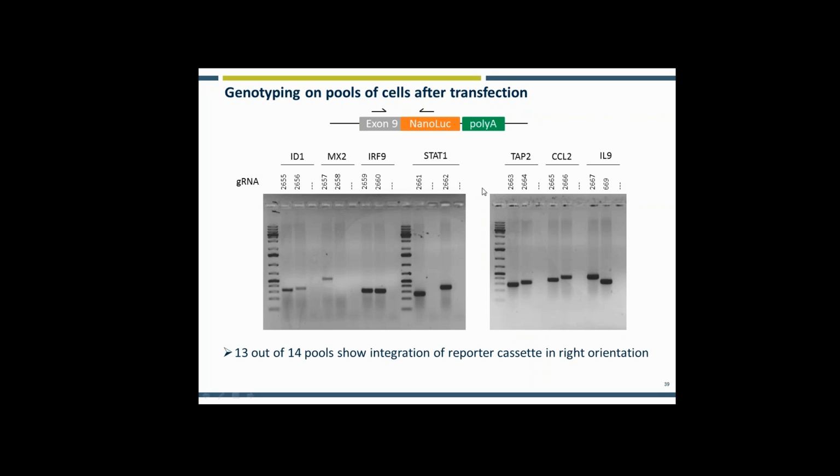So what we're looking at here is evidence of the tag being incorporated in the correct orientation into 7 different genes. We've designed a primer in our exon of our gene of interest, and then a reverse primer in our tag. And in all but one case, we observe integration of the reporter cassette in the correct orientation.